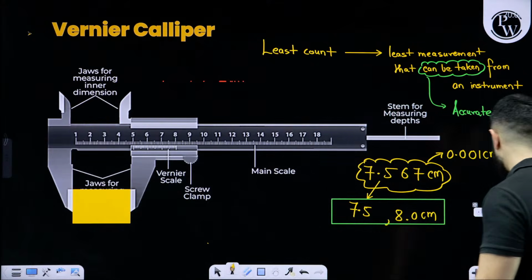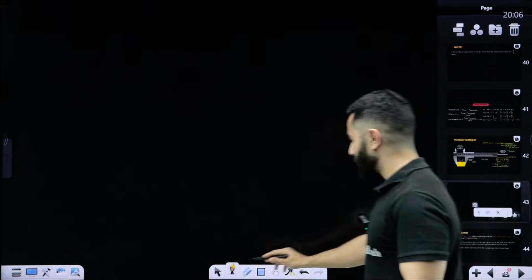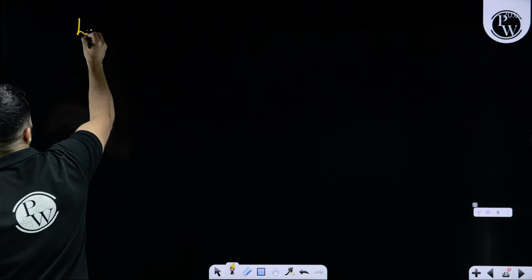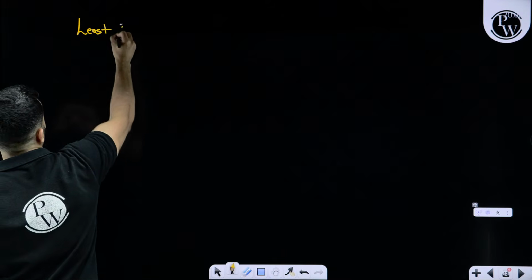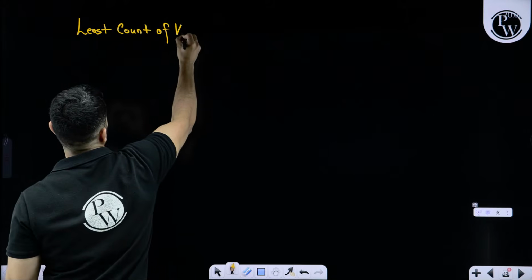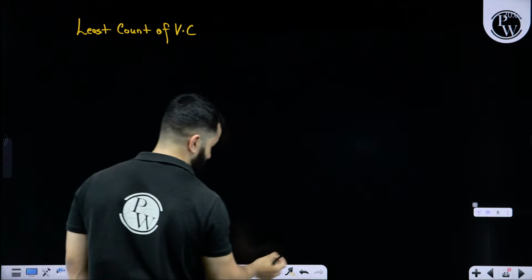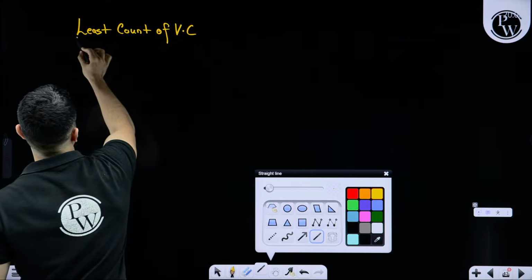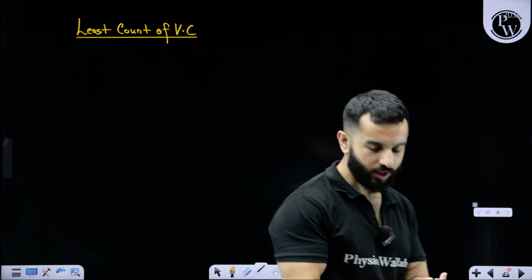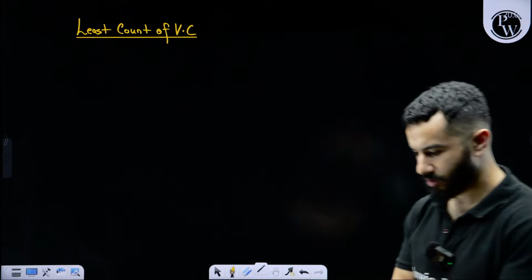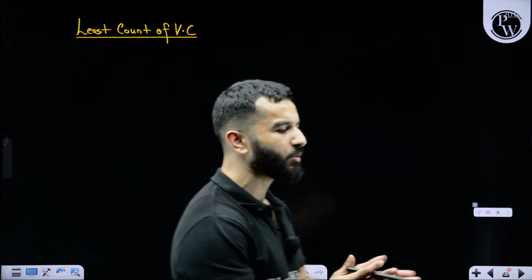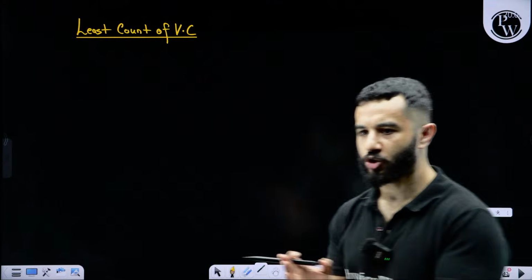So now, using the same thing, how are we going to use a vernier caliper? Pay attention. First of all, we are going to find out the least count of the vernier caliper. Now I can make a separate video on instruments, but one video on instruments will be a minimum of around 40 minutes to 1 hour, right?